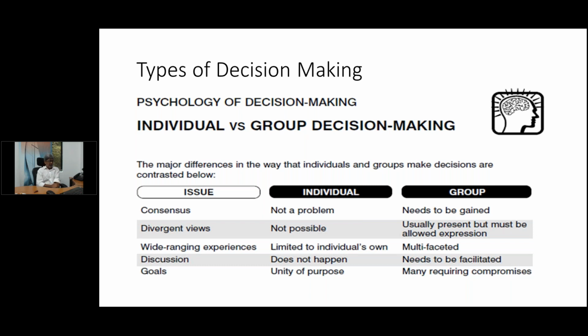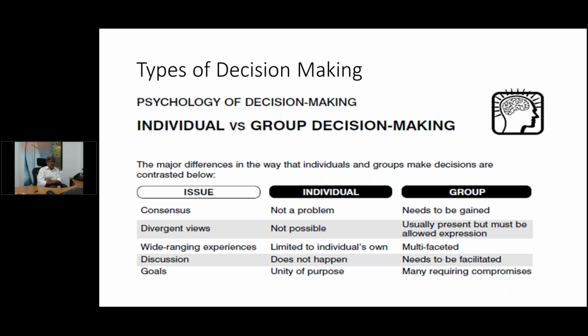Okay, but one thing that is sure, in group decision making, we need to decide one thing, and that is the decision maker. We need to identify a person that will be able to decide on behalf of the group.